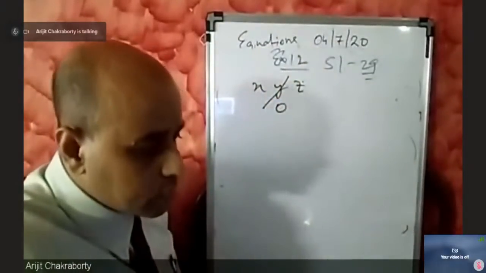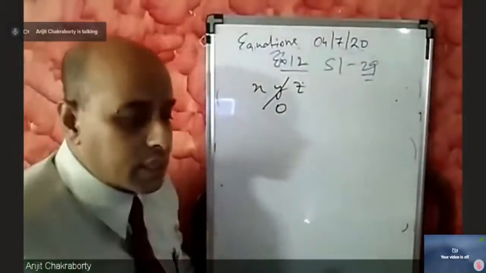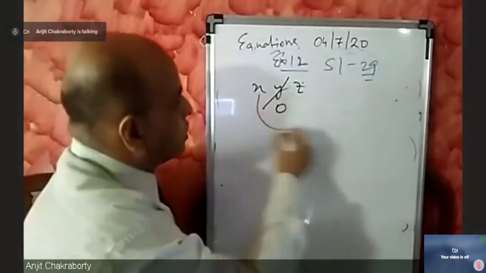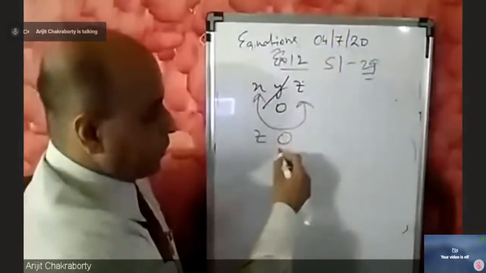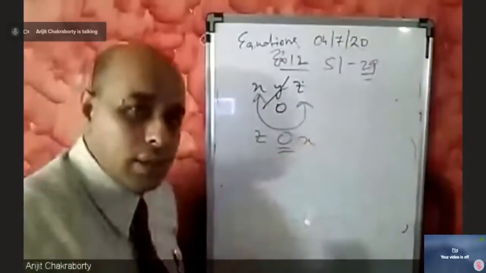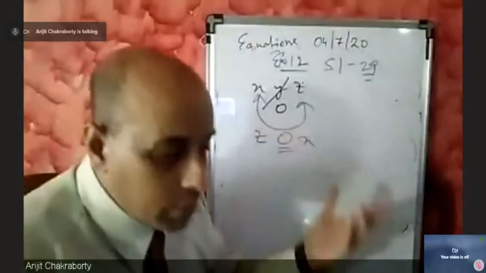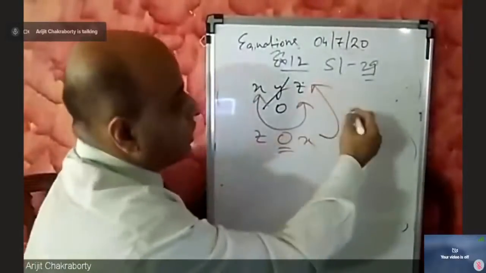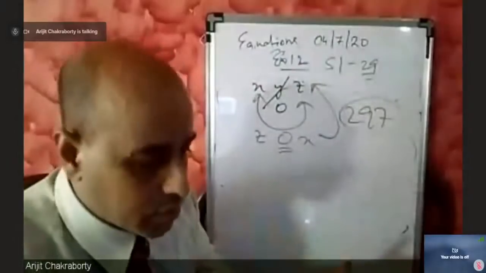The number which is formed by interchanging the first and the third digit. Now if I interchange, what will happen? Z will come here, in the middle it is 0, and x will come here. By interchanging the digits, the new number is more than the original number by 297. We have to find the original number.